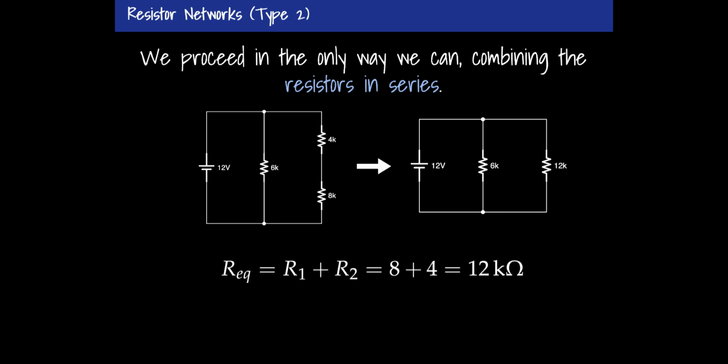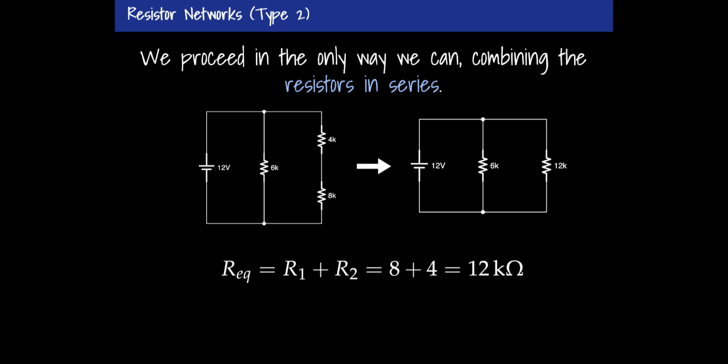Now, technically, I don't have to go any further. I don't have to do this combination because if I know that that's 12 volts, then I can find the current, and I'm going to do that. But for educational purposes, I'm going to push this thing all the way to the end and do this parallel combination in the next step.